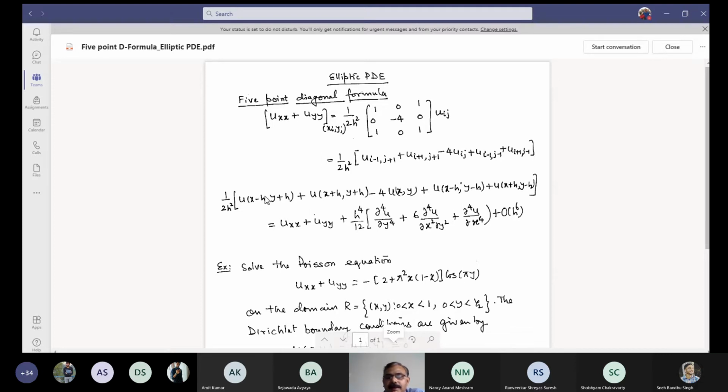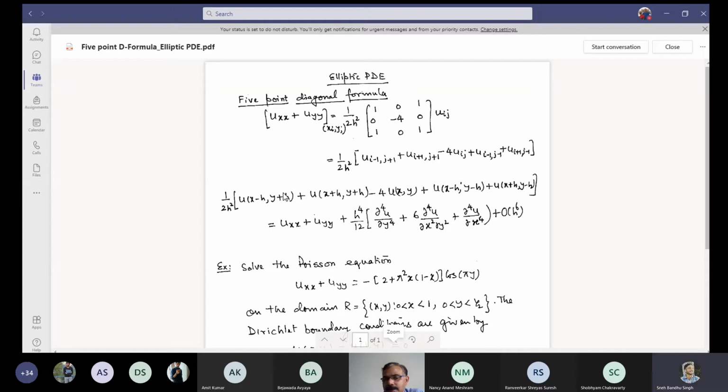Can anybody tell me its expansion? It is along both x and y, with plus minus h times ux, ux plus h times uy. Is that right?